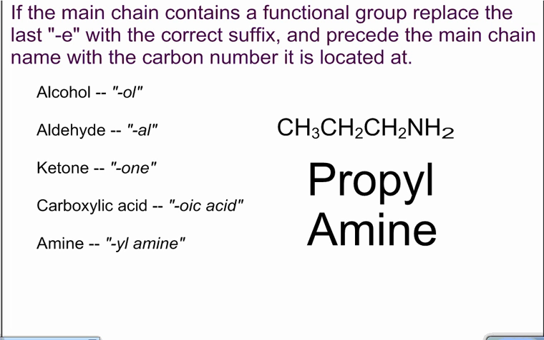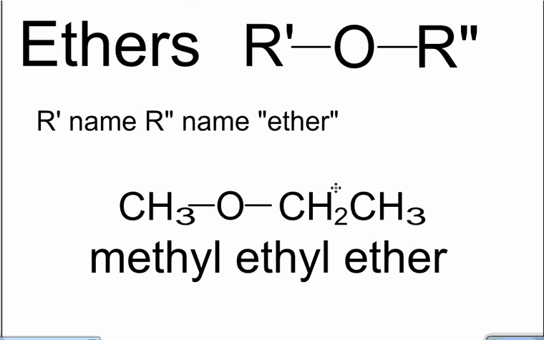Now I know there are 2 functional groups I haven't gone over yet. They are the esters and the ethers. With an ether, you have 2 carbon chains. So carbon chain number 1, carbon chain number 2, attached by an oxygen. And you name each carbon chain separately.